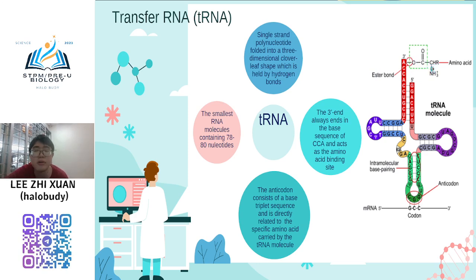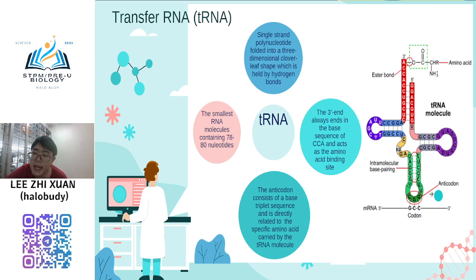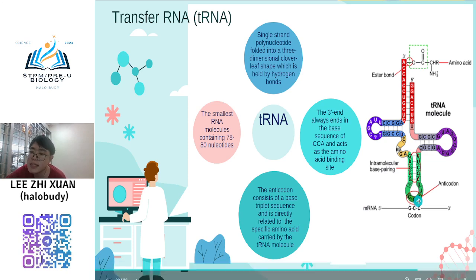They carry the amino acid based on what we call the anticodon of the tRNA here. The anticodon is a base triplet sequence and is directly related to the amino acid carried by the tRNA. So this is the key parameter to let the amino acid join.